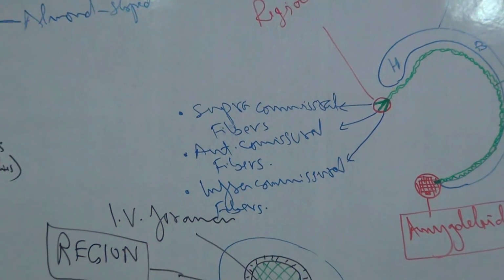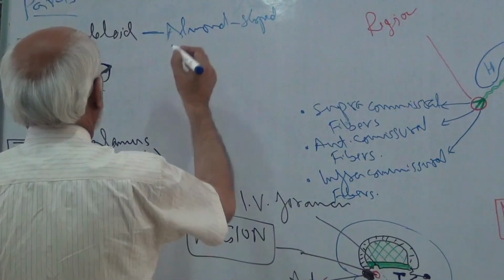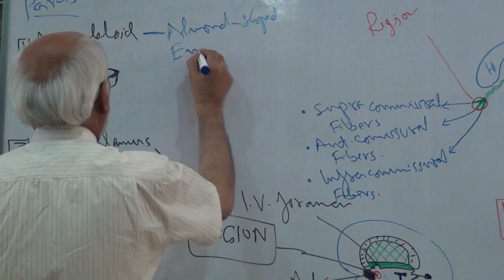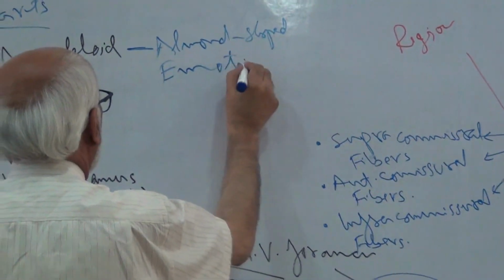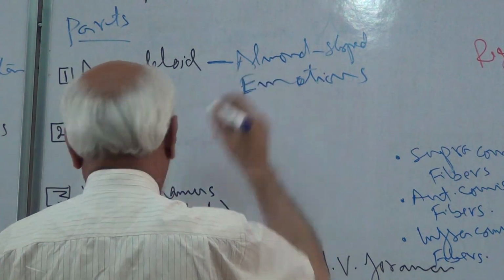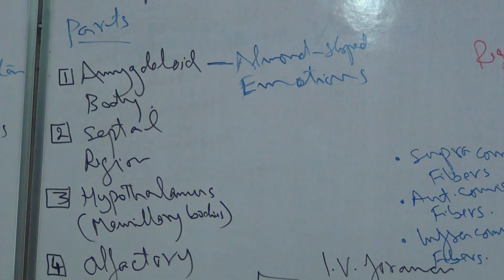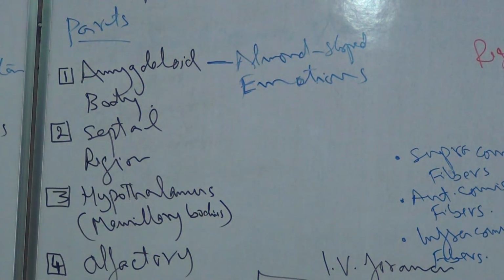Now, this amygdaloid body, it is concerned with emotions. Next is the septal region.